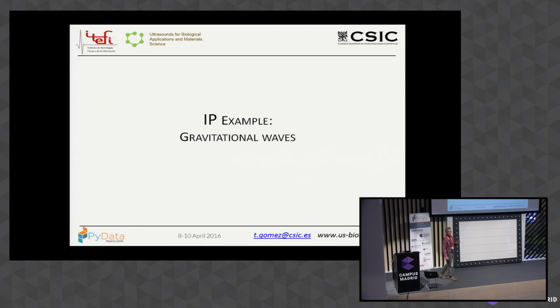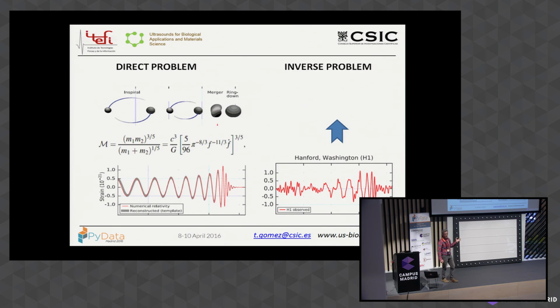Let's go to something a little bit more serious, right? One example: gravitational waves. Probably you have heard of that recently because there was a lot of interest in the media. The point was that scientists observed something like this, and they presumed that this is the result of two huge masses orbiting around each other and eventually collapsing.